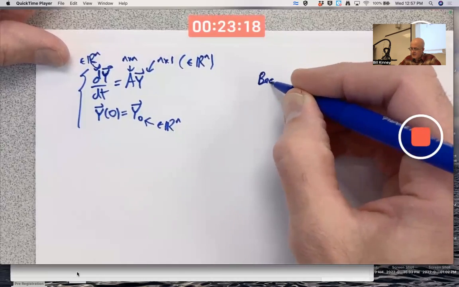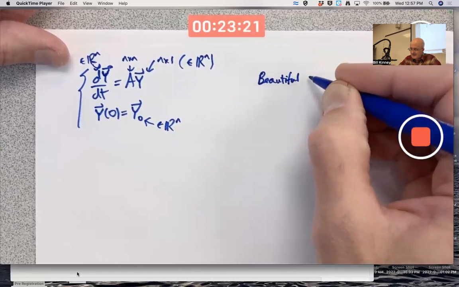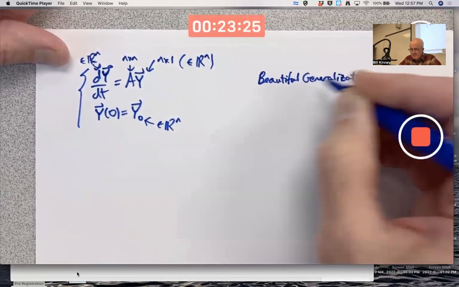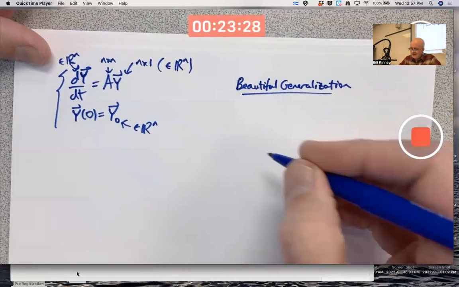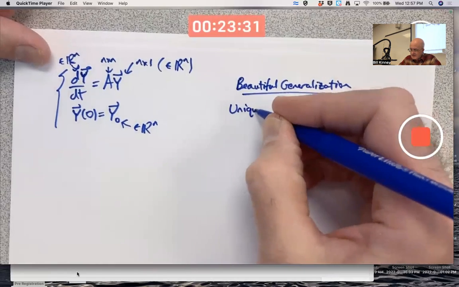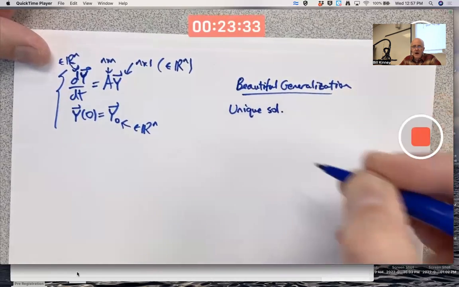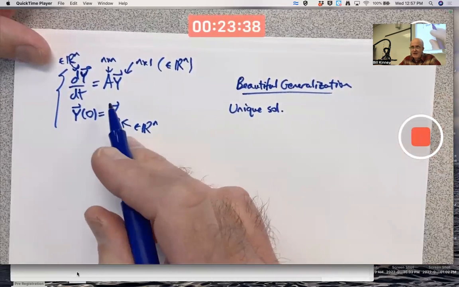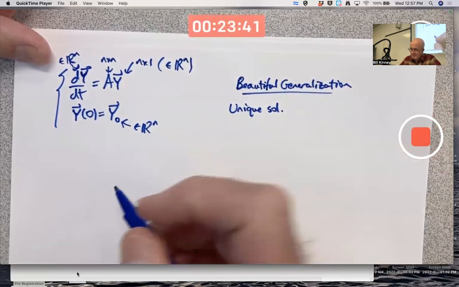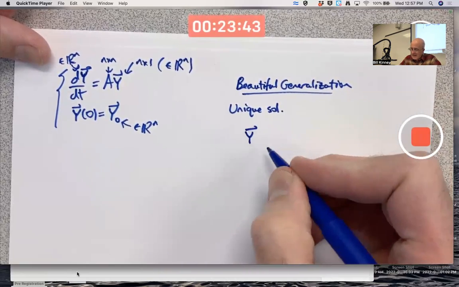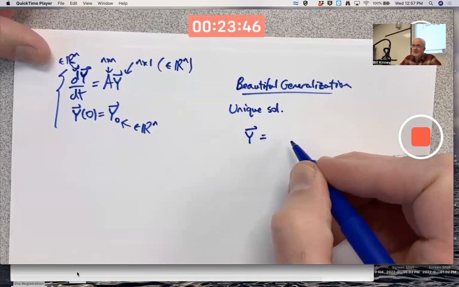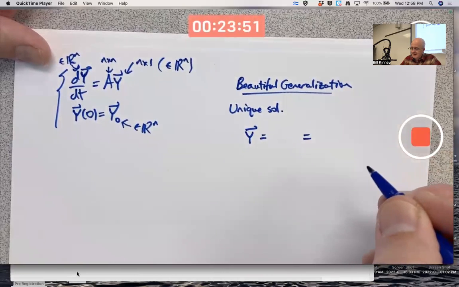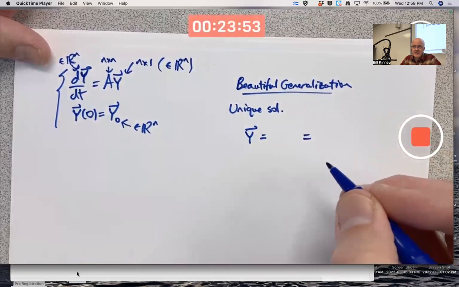I call this the beautiful generalization because I do think it is a beautiful generalization of something. It's that the unique solution of this generic initial value problem in n dimensions based on an unspecified matrix A can be written y equals a function of t equals something else. I give this function of t a special name.